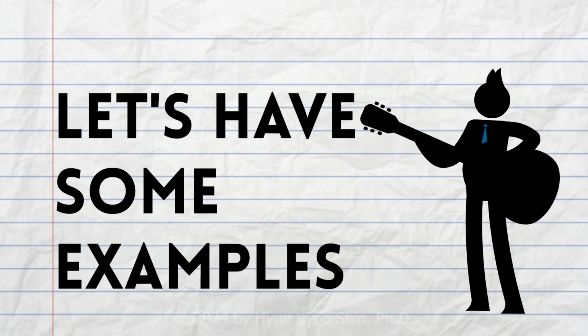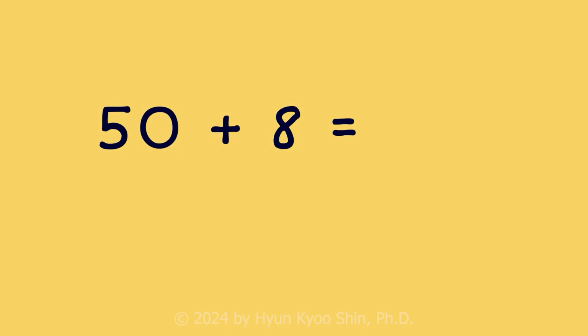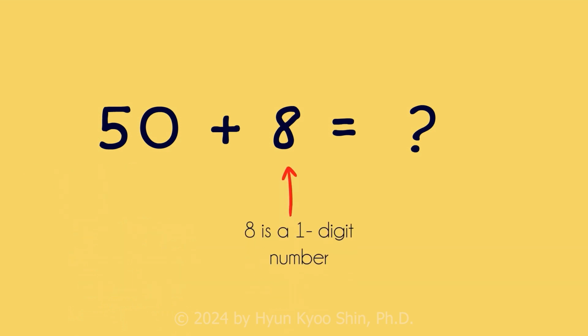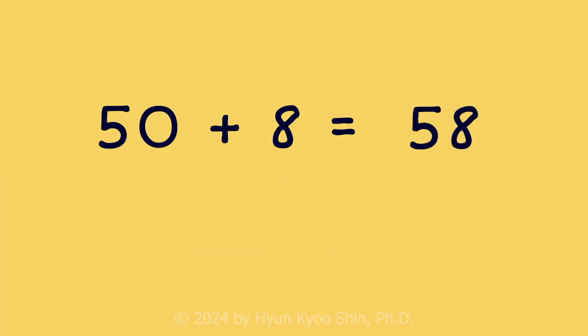Let's have some examples. 50 plus 8 is equal to... 50 is a two-digit number that is a multiple of 10. 8 is a one-digit number. Let's add: 50 plus 8 is equal to 58.